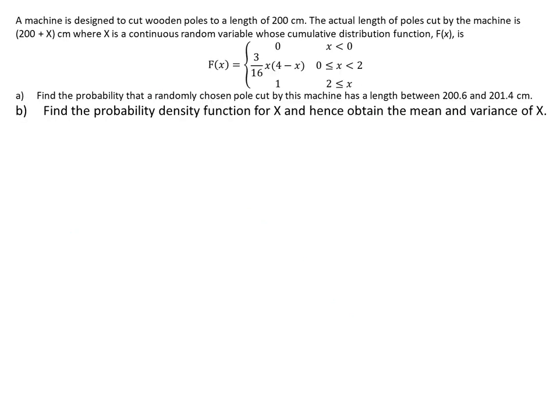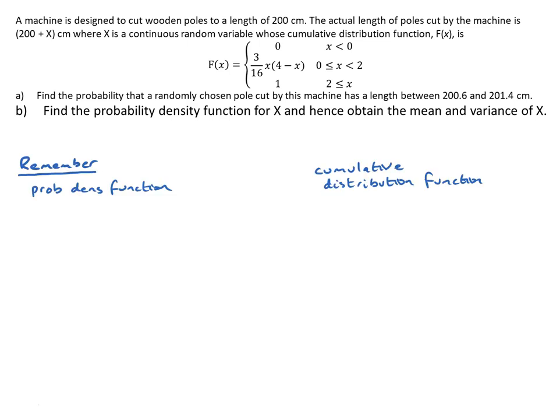Moving on, part B asks us to find the probability density function for x and hence obtain the mean and variance of x. Well, we need to remember that we have two functions, the probability density function and the cumulative distribution function.